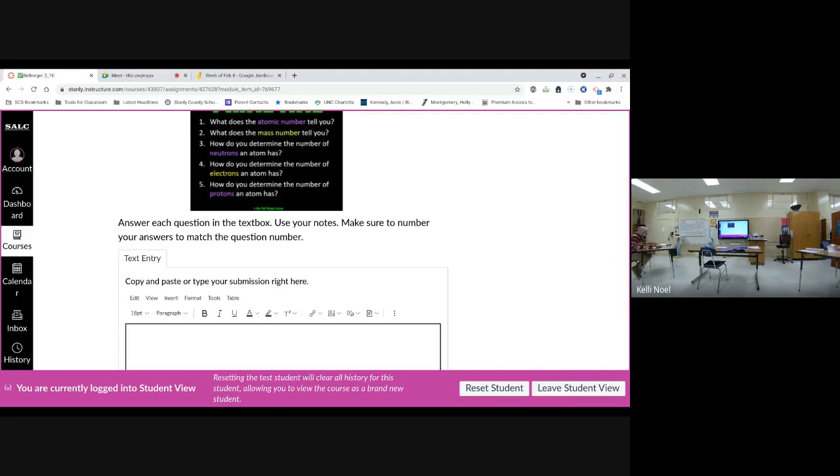What does the atomic number tell us? Yes, the number on the periodic table, but what about the atom does it tell us? Is it electrons, protons, or neutrons?